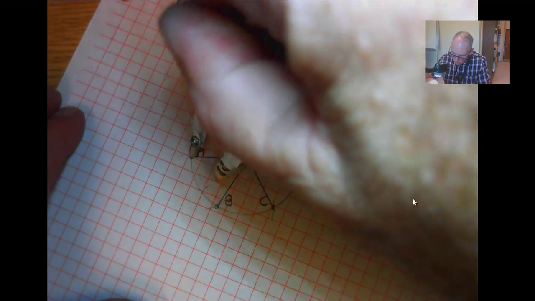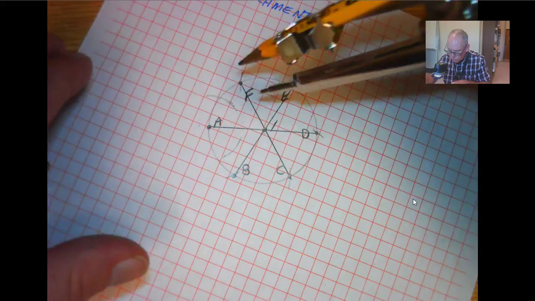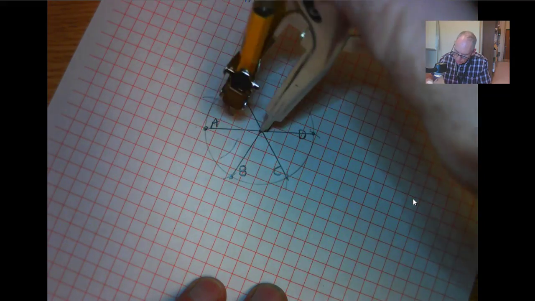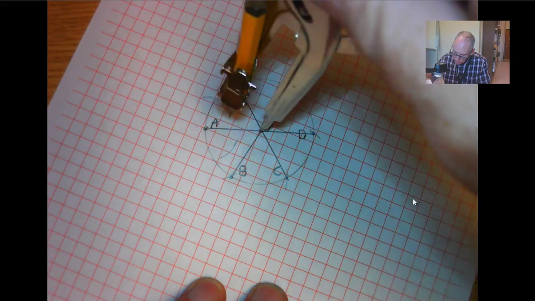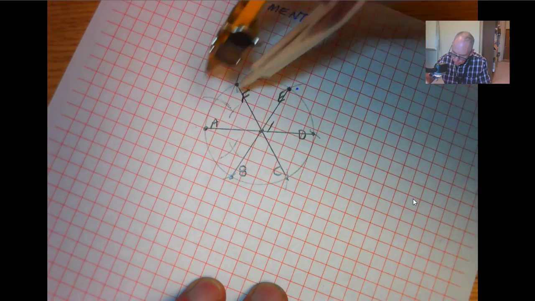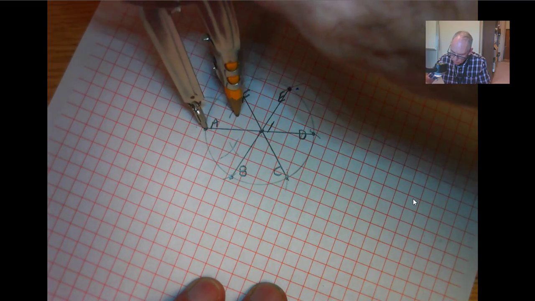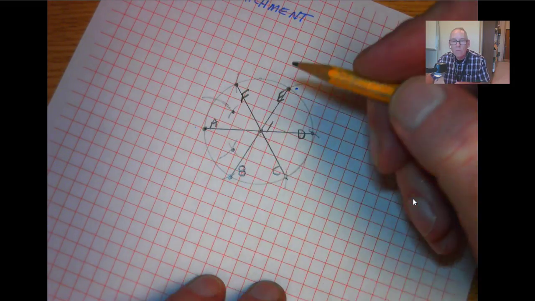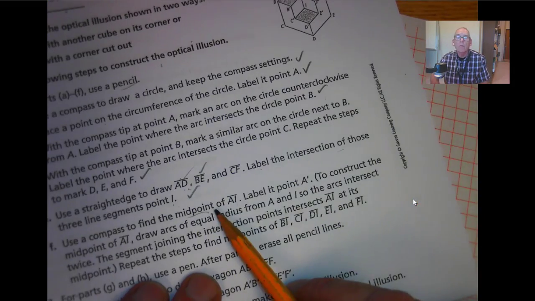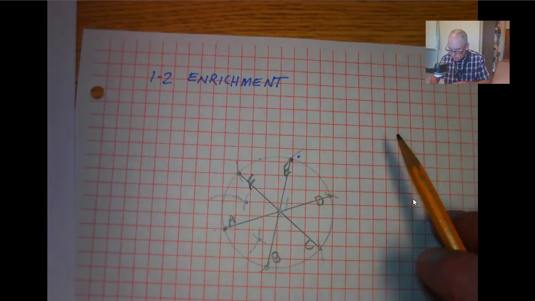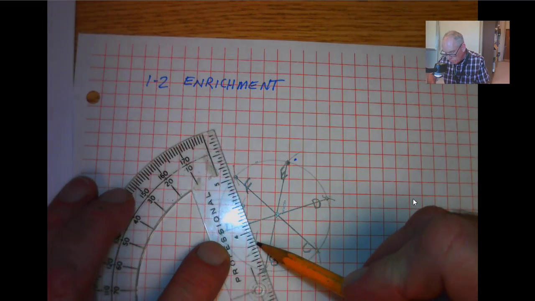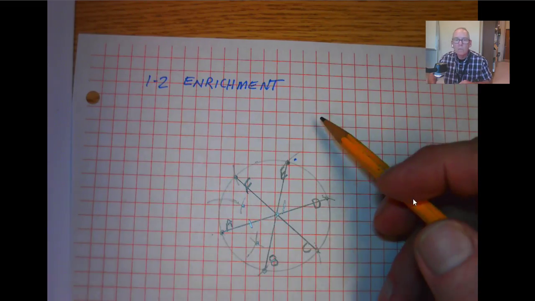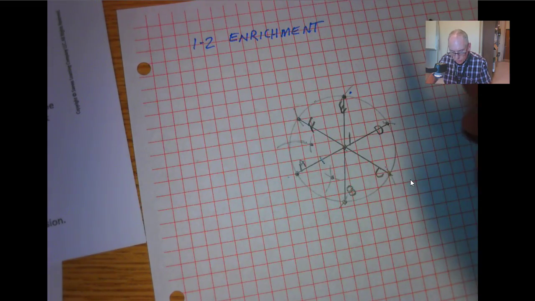So there's above and below from the A part, and we do the same thing from the I endpoint. Where those two arcs intersect each other, when we connect those together, we'll find the midpoint. So we're looking for that point that's in between. So there's our 2 points. We use our straight edge, and we're going to label the midpoint of segment AI, A prime.